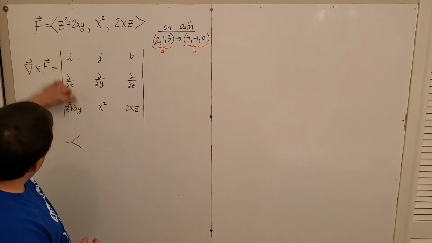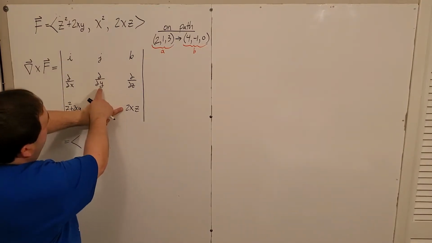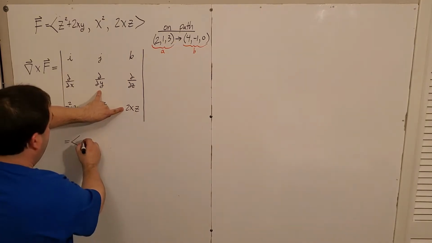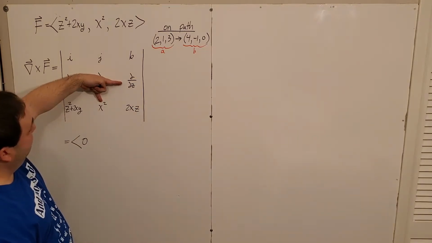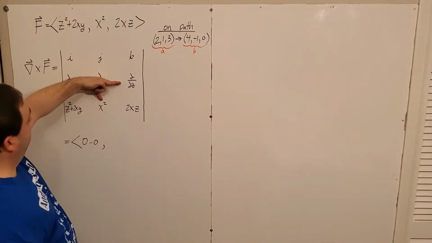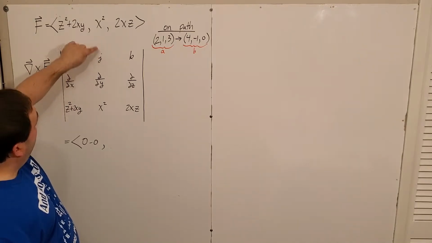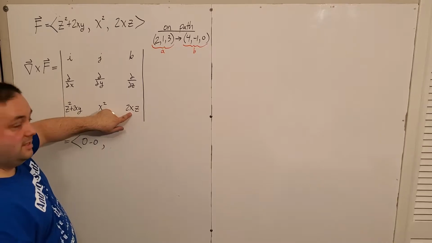If I do the i column here, I'm going to have the y partial derivative of 2xz. There's no y's in there, so that's 0, minus the z derivative of x squared, also, so minus 0. Right, looking good so far. Got some zeros. The j column here, right, I'll have the x derivative of 2xz.